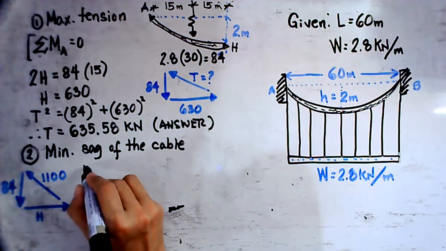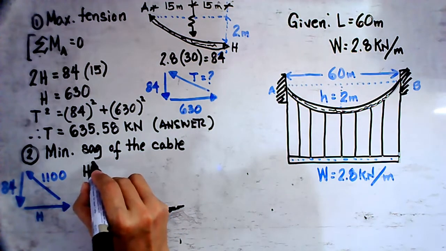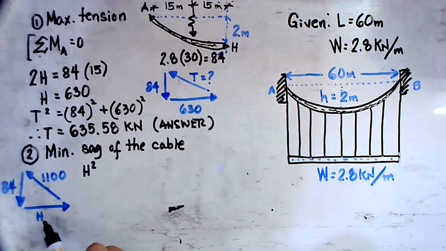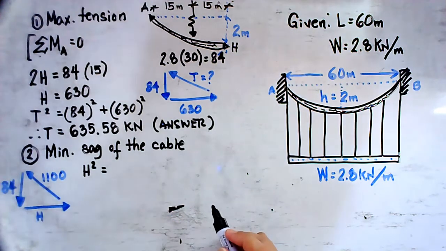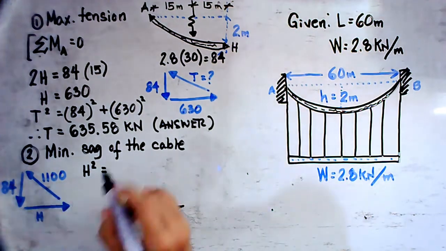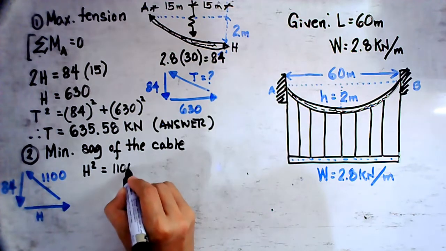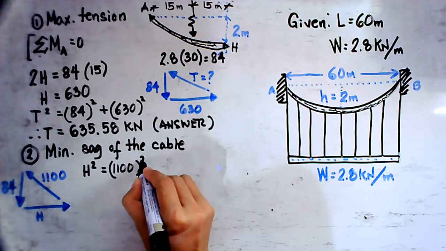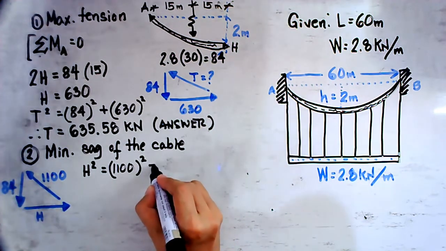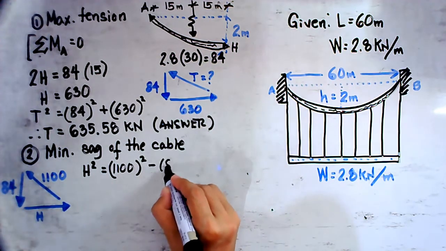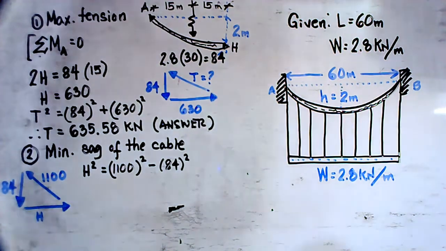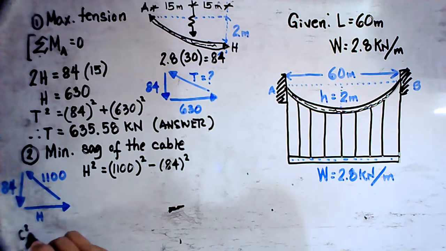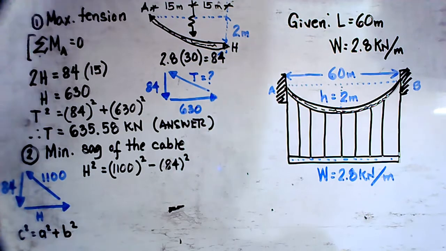So with the use of this force polygon, we can continue again with the same Pythagorean theorem. But this time we are going to use H squared, because that is the one that we are going to determine, is equals to 1,100 squared minus this time 84 squared. Going back into the Pythagorean theorem, that is simply c squared is equals to a squared plus b squared.